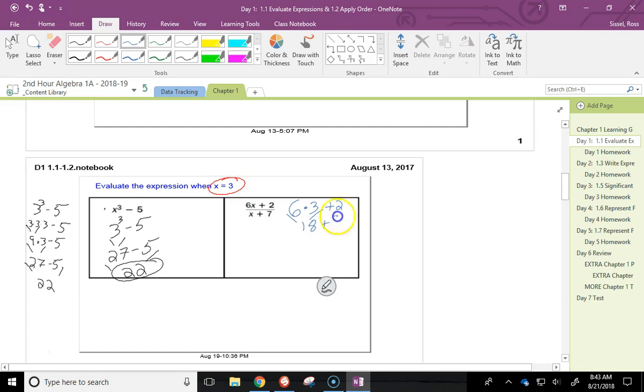And we have our 18 plus 2, which gives me 20. So I'm going to come over to the side and put that as my numerator, 20. I still have to come and do my denominator, which was x plus 7, so 3 plus 7, which, pretty simple, equals 10.